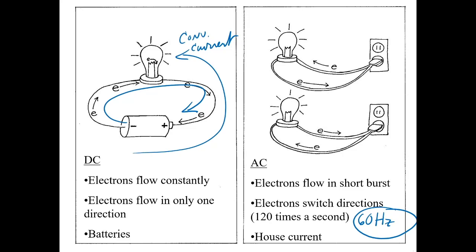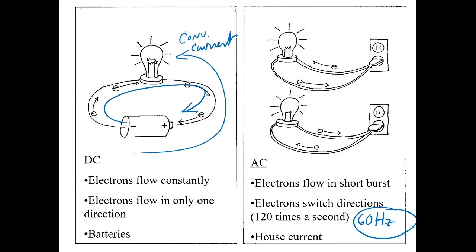This is your house current. So the analogy I use is, now you go to the track, and you don't want to get bored going in the same direction. So you run one lap one way, turn around, and go one lap the other way. And you do that every lap. You switch it up: clockwise and then counterclockwise, clockwise and then counterclockwise.